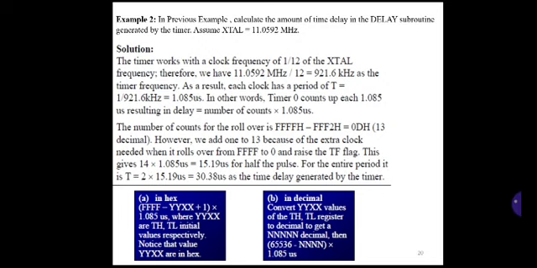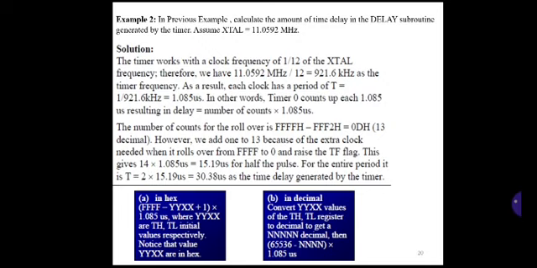So for the entire period, T is equal to 2 into 15.19 microseconds, that is 30.38 microseconds, the time delay generated by the timer. That means one square wave takes 30.38 microseconds.